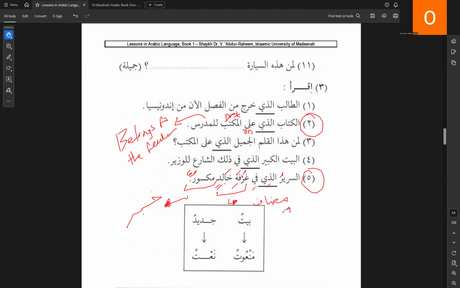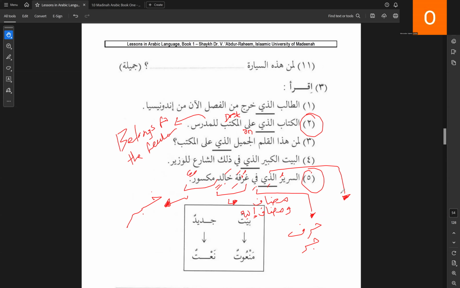مضاف ومضاف إليه. Okay. Then في is what type of word? حرف جر. Very good. الذي is what kind of word?